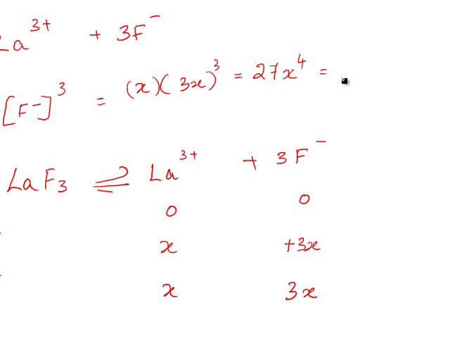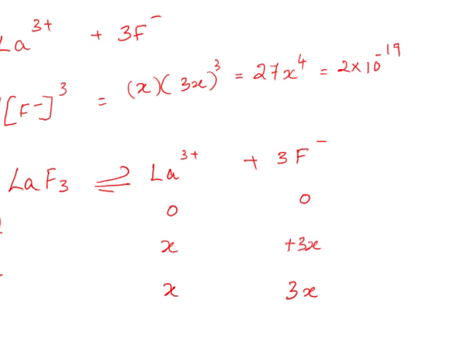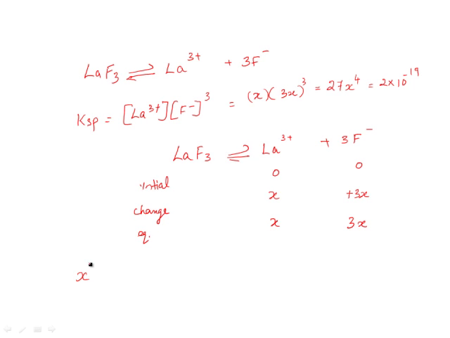KSP is given there, so 2 into 10 to the power negative 19. Now solve for x. That's all you need to do. First would be just isolating the x term. So x to the power 4 is 2 into 10 to the power negative 19 divided by 27.